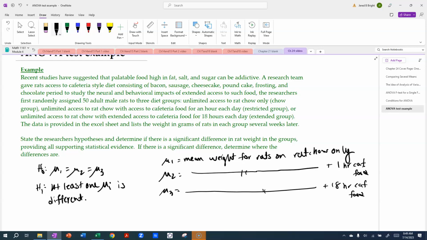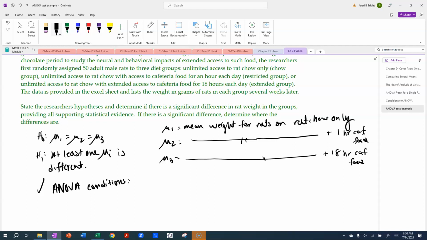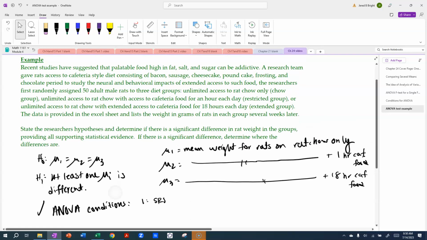We're going to check the ANOVA conditions. One, do we have SRSs? Randomly assigned 50 adult males, we're going to say yes.